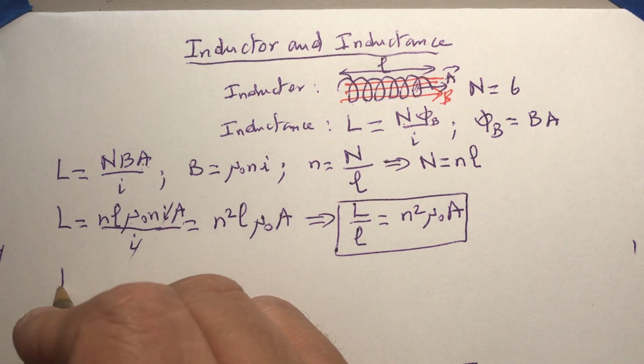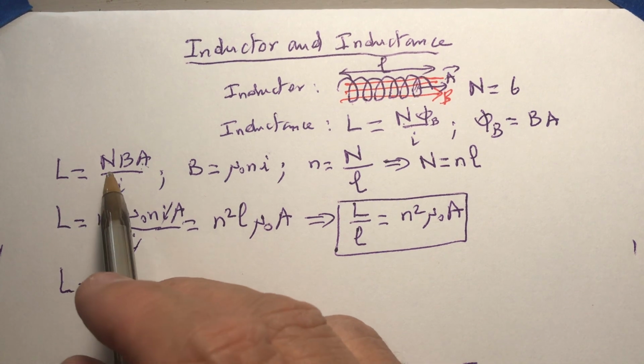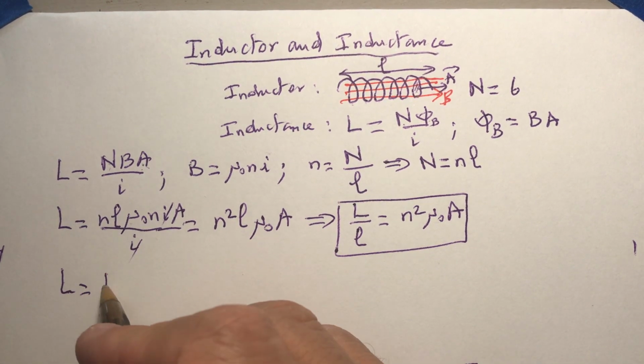Or I can just find it in terms of the number of loops. So I can put here L is equal to N. Now, you see I have that N there, so I leave that N there.